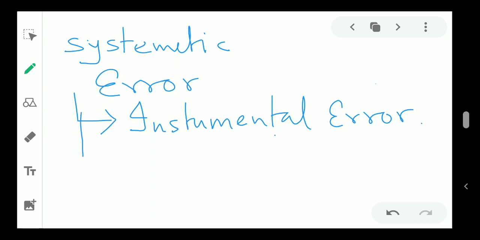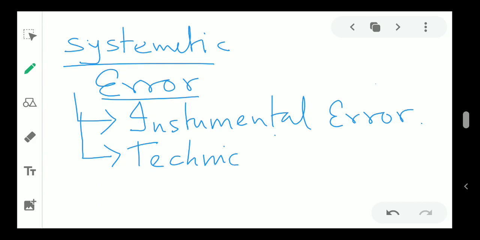The second thing that can also generate systematic error is technical error. Technical error means you have a procedure, but there is some problem in the procedure itself.